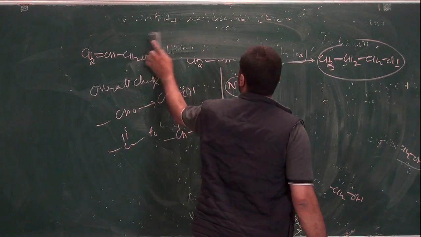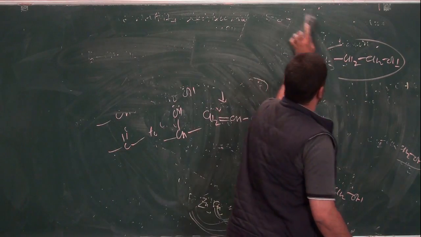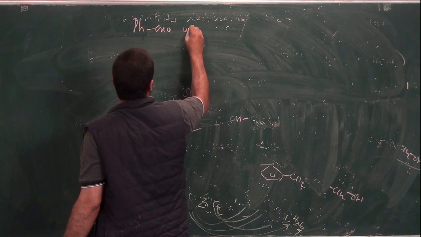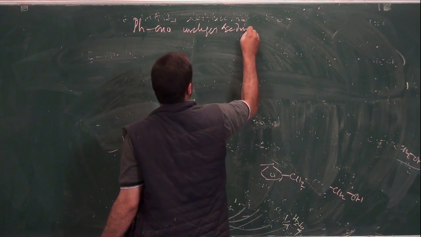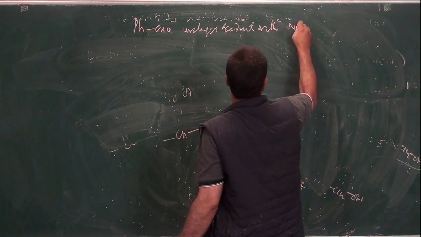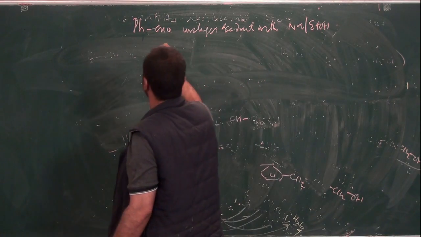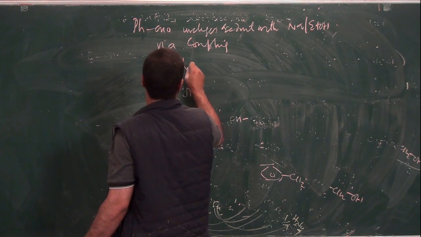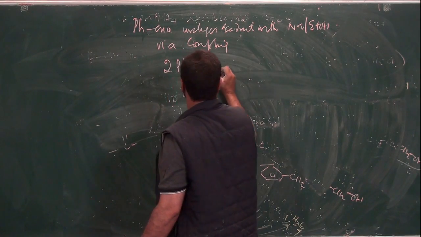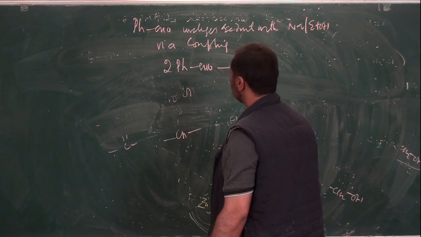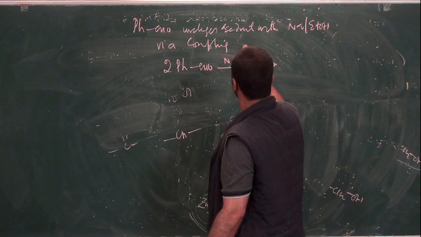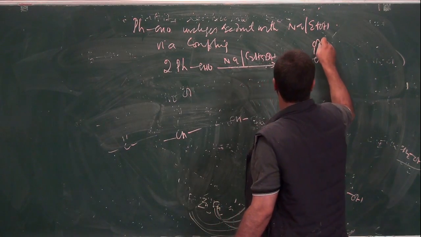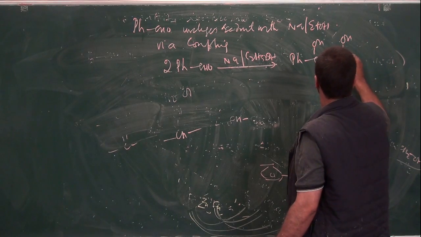So write down benzaldehyde, PhCHO, undergoes reduction with sodium and ethanol via coupling, that is twice PhCHO, with Na and C2H5OH, gives PhCHOH-CHOHPh.